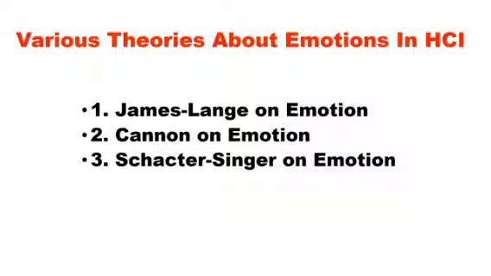Then Schachter-Singer on emotion. They said emotion is the result of our evaluation of our physiological responses in the light of the whole situation we are in. So emotion clearly involves both cognitive and physical responses to stimuli. Also, the biological response to physical stimuli is called affect. Affect influences how we respond to a situation.